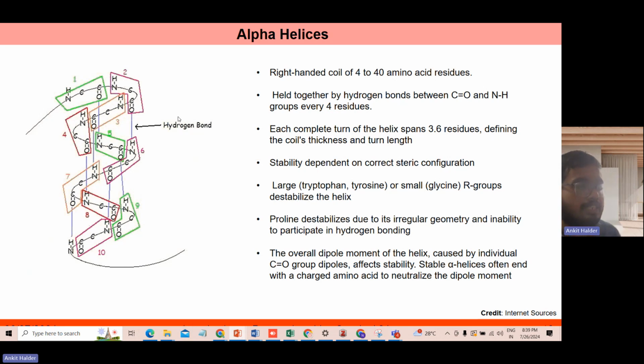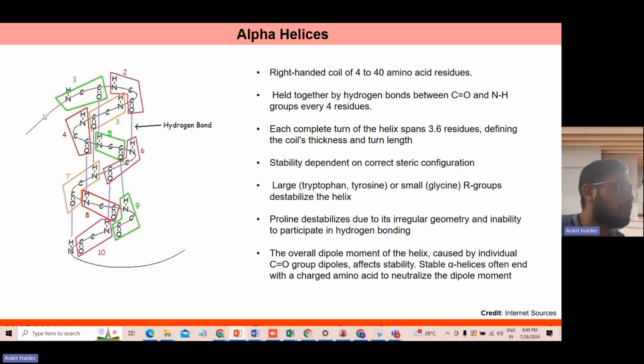If we take these amino acids as 1, 2, 3, 4, 5, remember what I just stressed: I plus 4. The hydrogen bond interaction between residue I and the I plus 4th residue is what gives you the alpha helix structure.